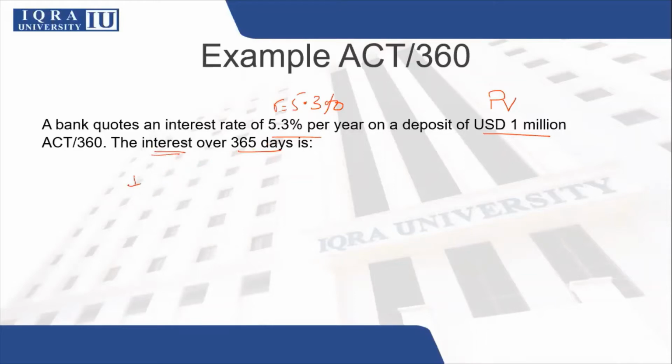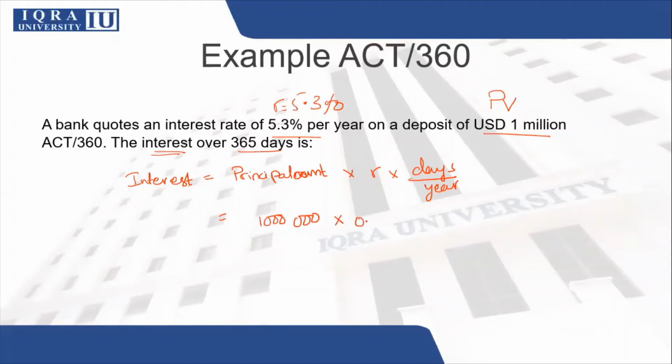So your interest amount is the principal amount times the interest rate, times days divided by the year. The principal amount is 1 million.